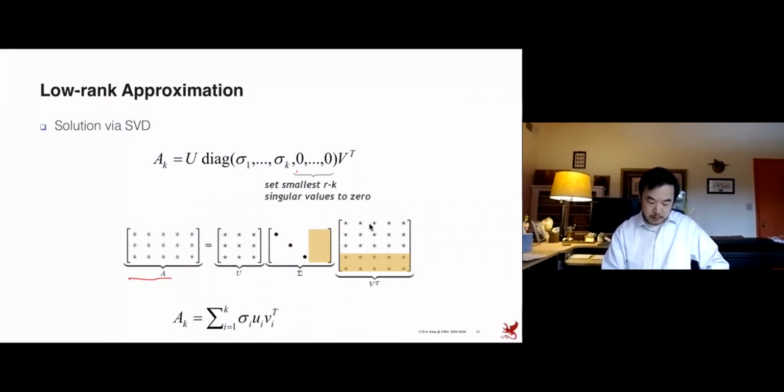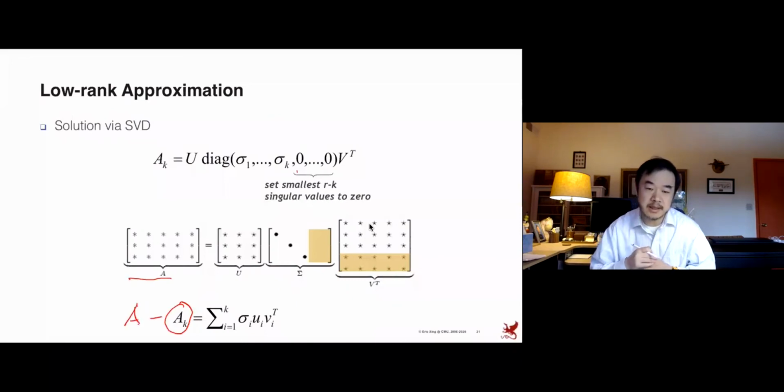And then you get a reconstruction of the A matrix, which is based only on the first k eigenvectors. Okay, so this is actually a reconstruction. And you can measure the distance between the original matrix A and this one. That gives you a quantitative assessment of the quality of the approximation by this low rank approximation.